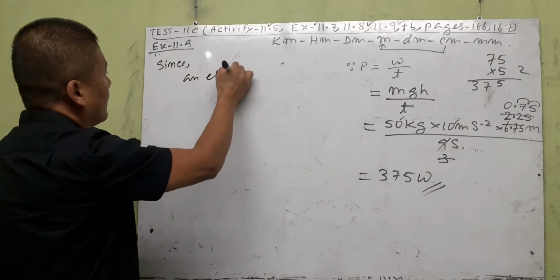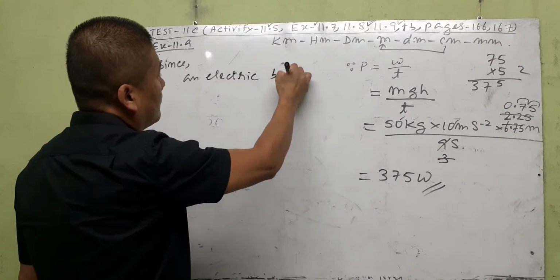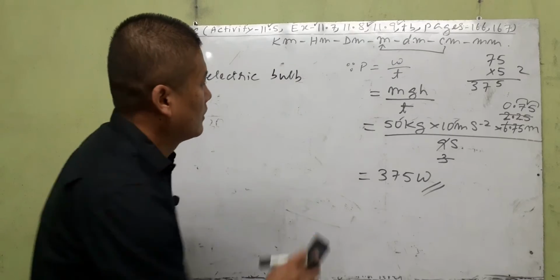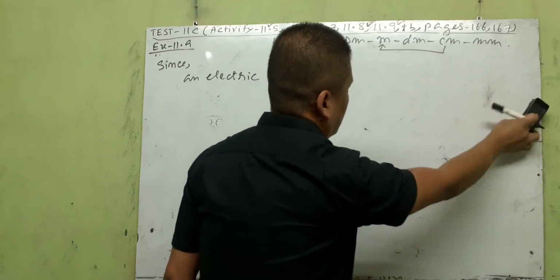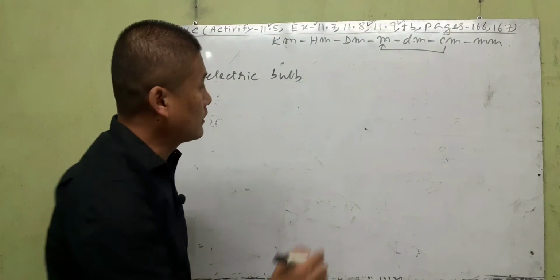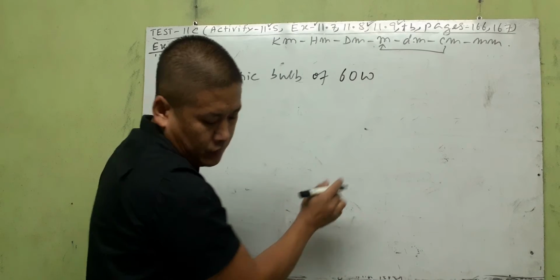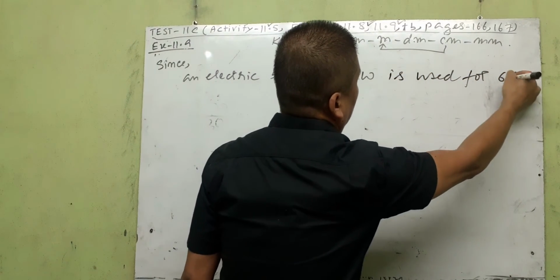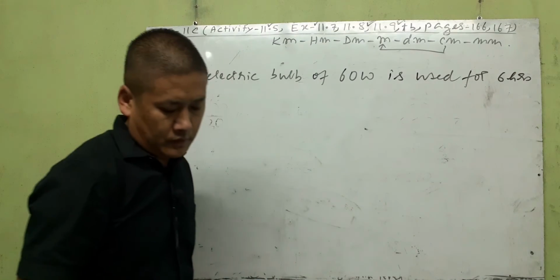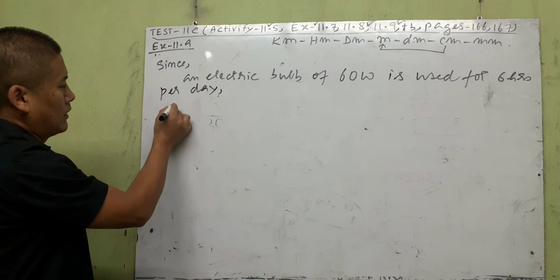According to the question, an electric bulb of 60 watt means power is 60 watt, is used for 6 hours per day, in 1 day. The question is saying like that.